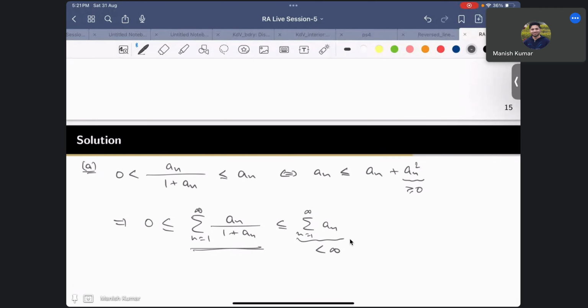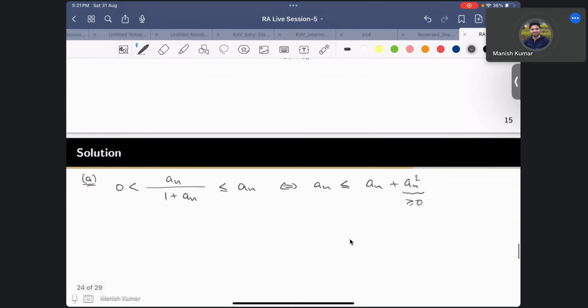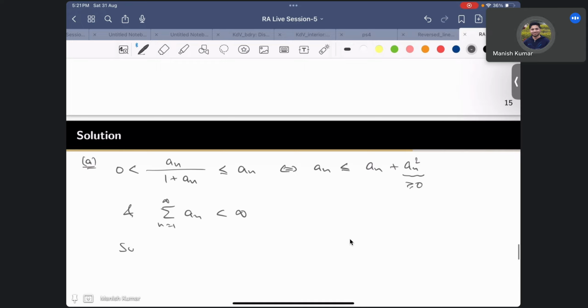Okay, so I'll just write one line. So this is there, and summation n from 1 to infinity is finite, so by comparison test you have that this is also convergent, so this is a true statement.